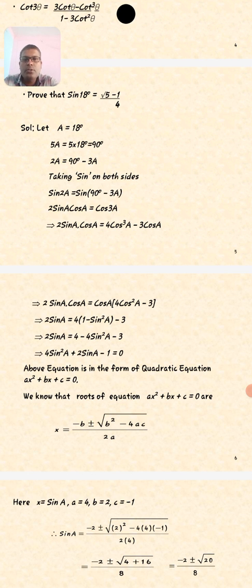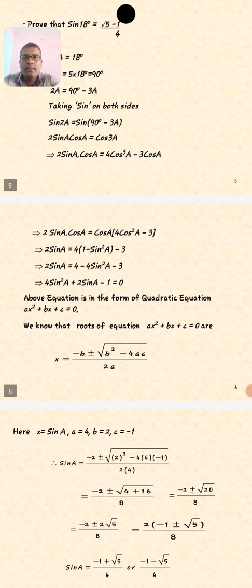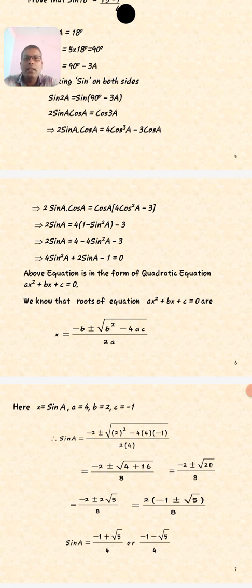That implies 2 sin A cos A is equal to cos A into, we take cos A common, we get 4 cos square A minus 3. That implies 2 sin A is equal to, here the left side cos A and right side cos A cancel. We get 4 into 1 minus sin square A minus 3. That implies 2 sin A is equal to 4 minus 4 sin square A minus 3.